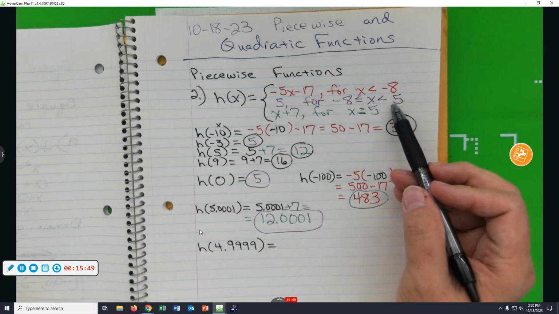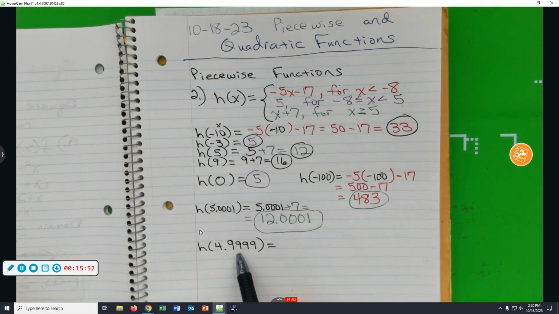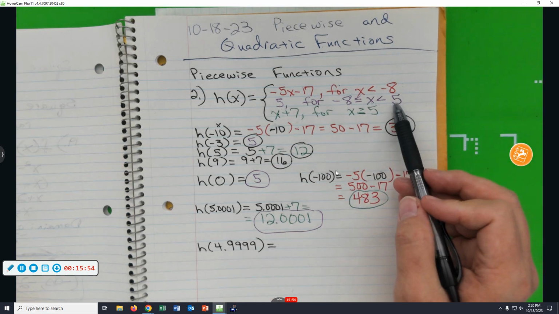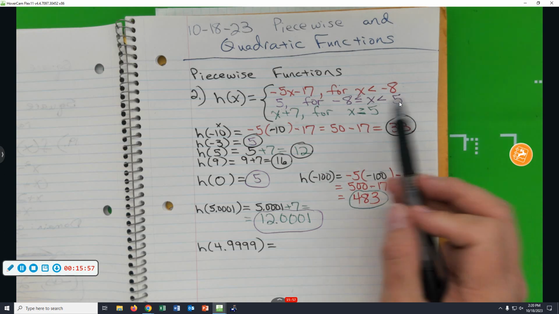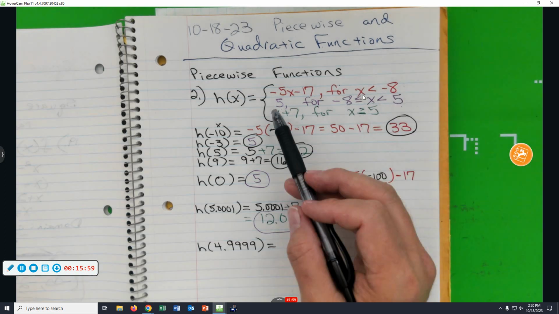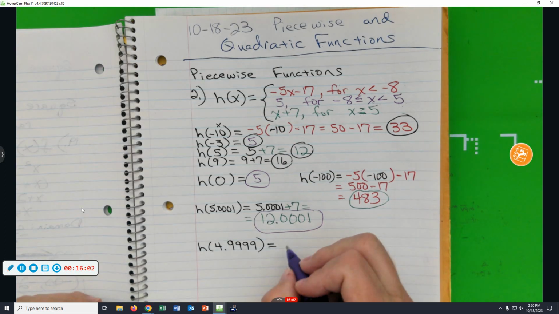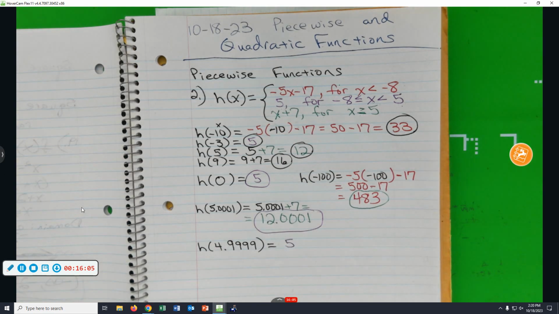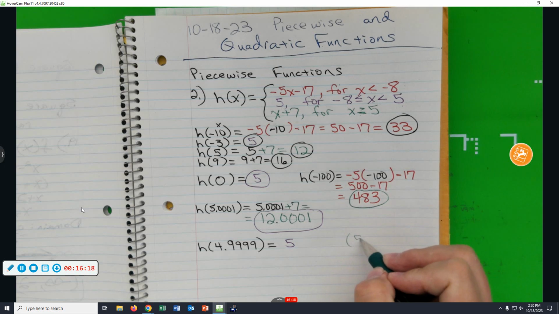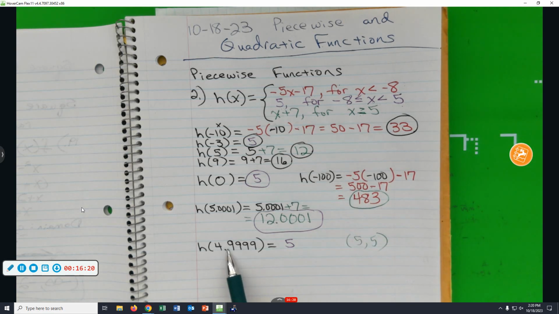Okay, to the naked eye, if you were looking at a number line, 4.9999 would look like you were at 5. So you have to use this piece here, and the y value is 5. If I told you to go up here, here's the ordered pair, 4.9999, comma 5, and I said label it on an XY grid, to the naked eye, it would look like the ordered pair 5, 5, wouldn't it? 4.9999 looks like the number 5 on the x-axis.